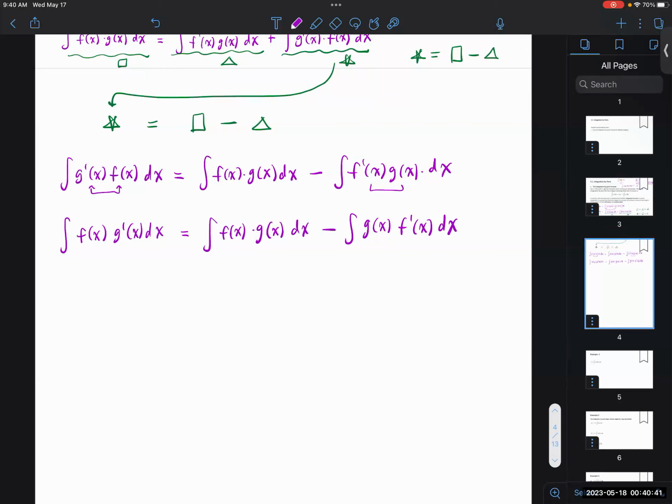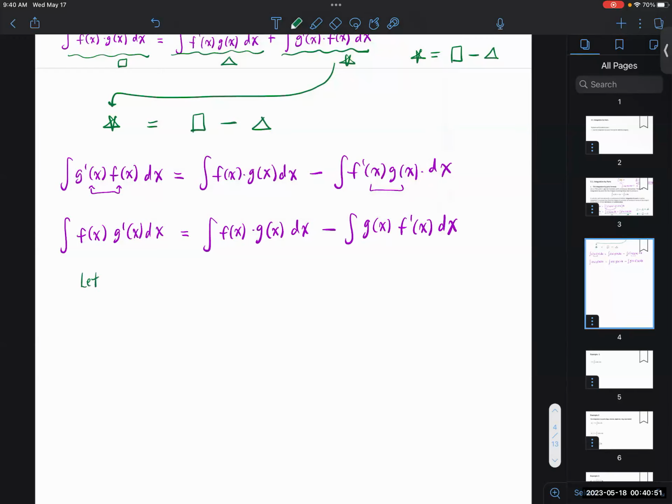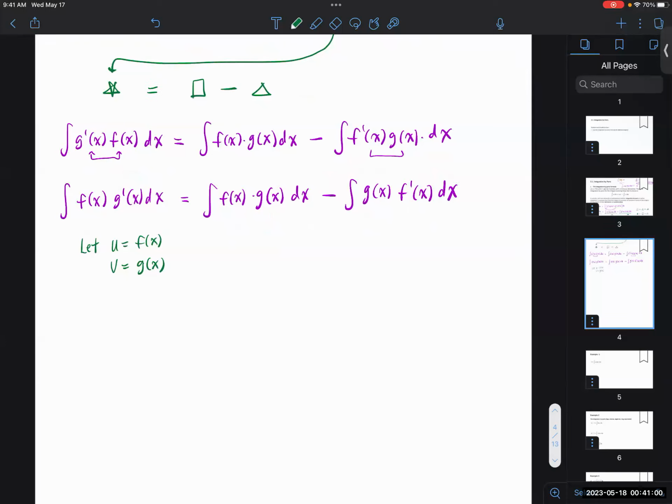And then what I'm going to do, we have two functions f and g, and this equation looks a little bit complicated. So I'm going to convert. Let u equal f of x, and let's say v equal g of x. So we have a g prime with the dx. This is going to be v prime, because u prime is f prime.